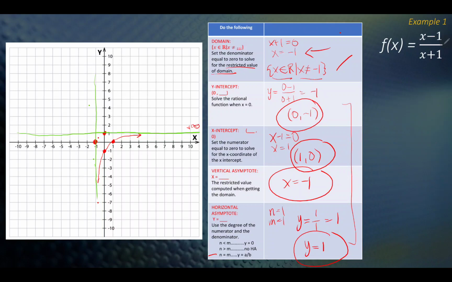So meaning we have missing graphs. We have filled the right side of the vertical asymptote, but we haven't yet put a graph on the left side. So we have to decide where the graph is in these two areas. So it could be here, or it could also be here.